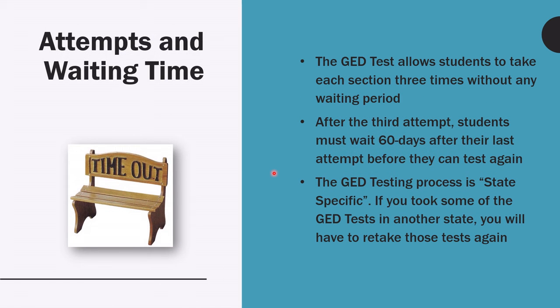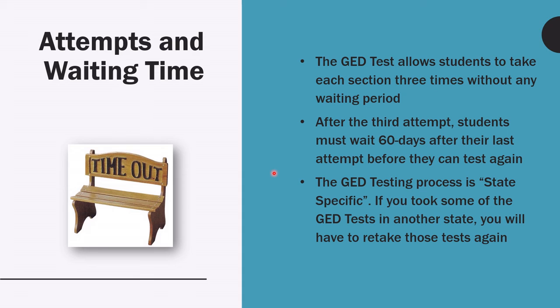Now let's pretend that the worst case scenario happened and you take your GED exam, or one section of your GED exam, and you flunk that section. In the worst case scenario, my friends, you have 3 tries per section. For example, let's pretend we are taking the math section and you flunked that section 3 times.